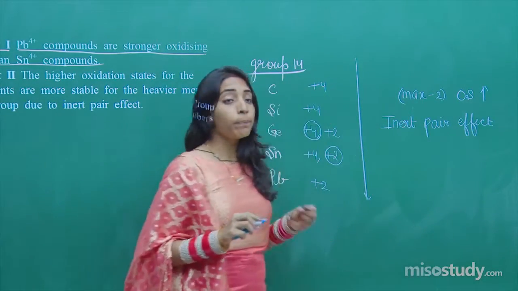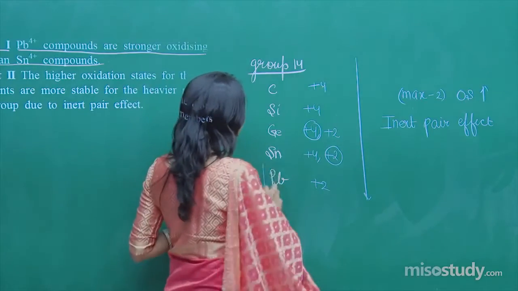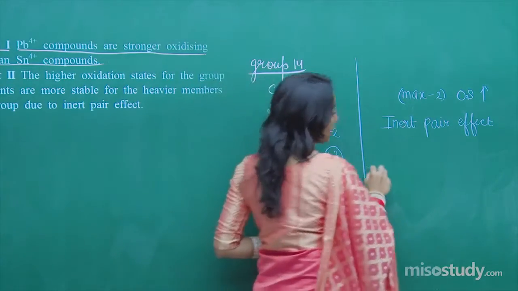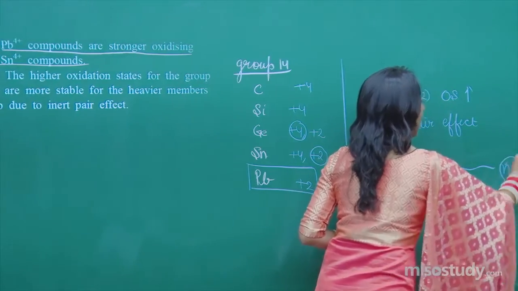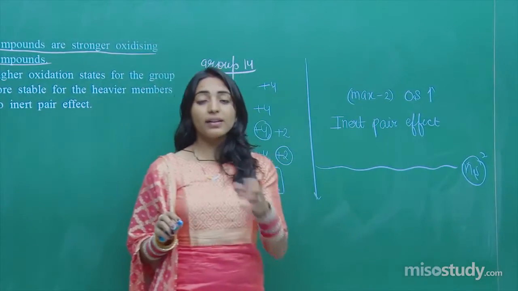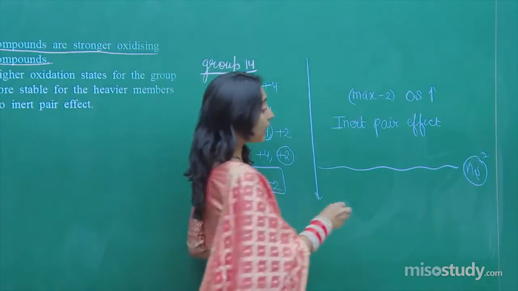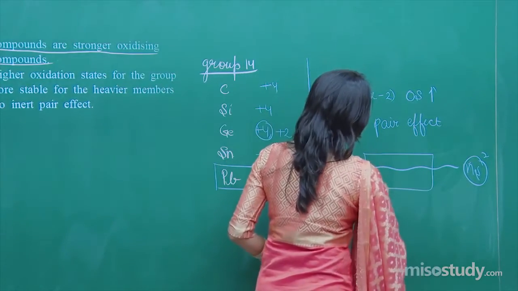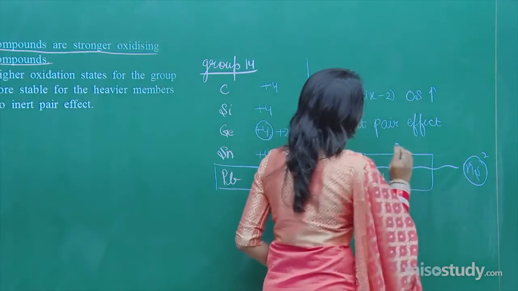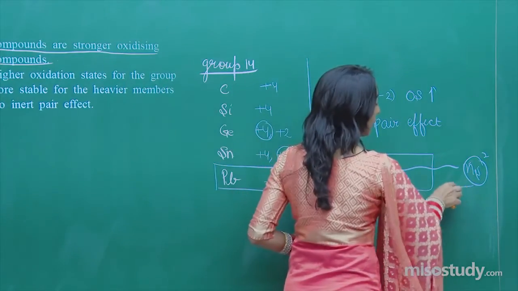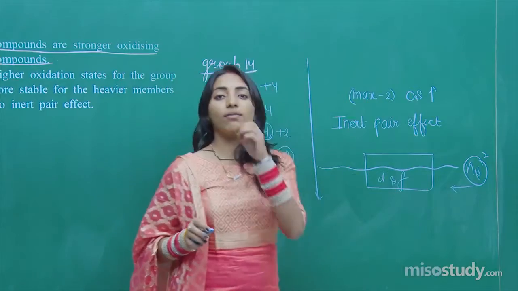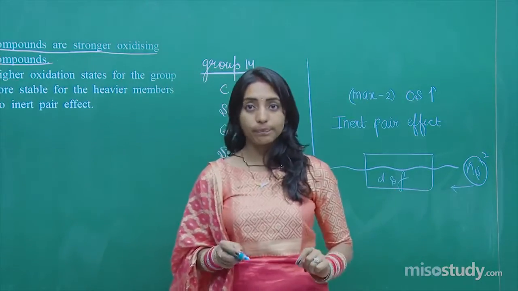And why is this so? This is because when you go down the group, the outermost ns2 electrons will be reluctant in taking part in bonding because of the poor shielding of d and f electrons which are present, because of which they will be coming closer to the nucleus and they will have little tendency to take part in bonding.